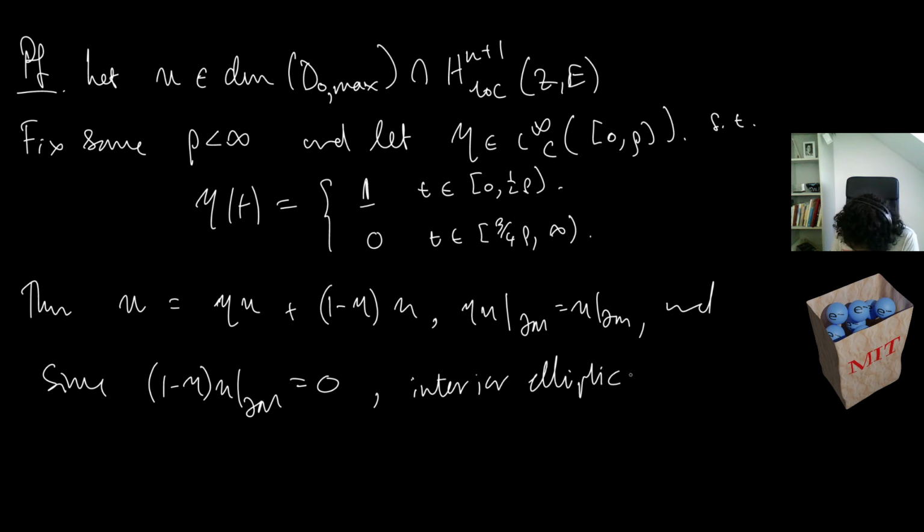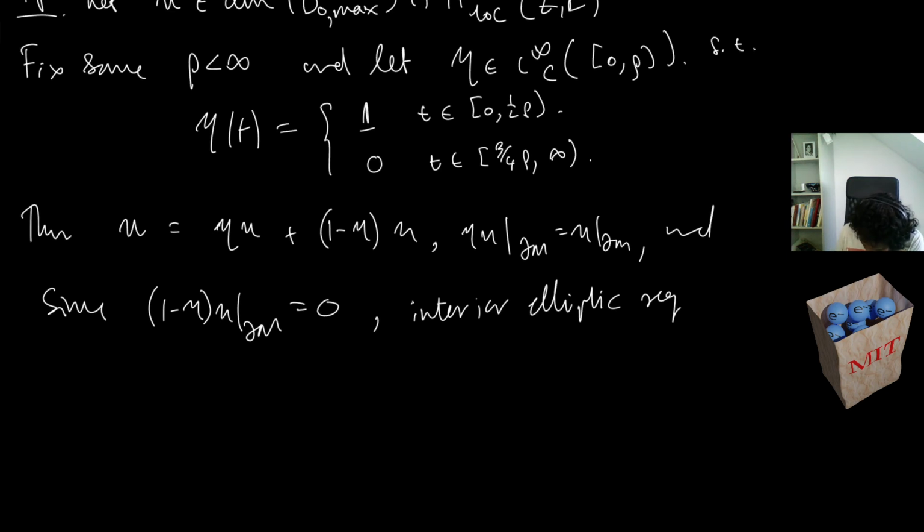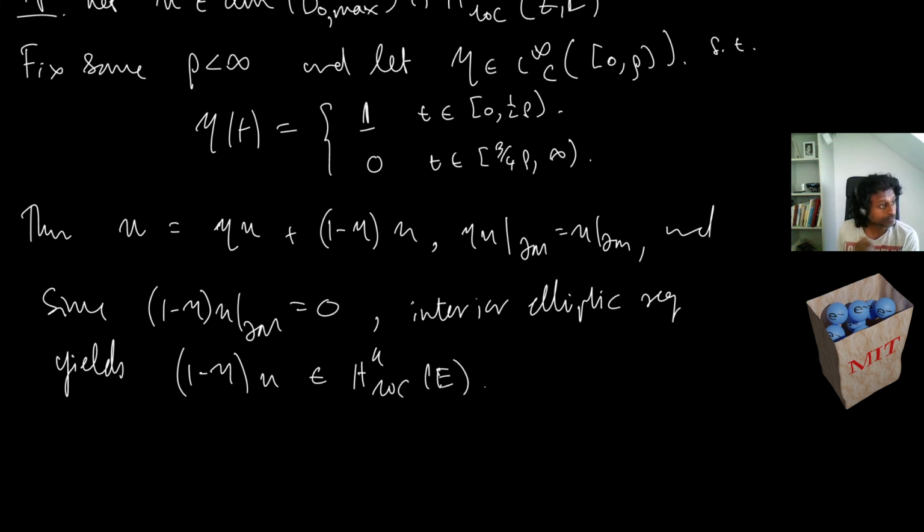Elliptic regularity yields (1 − η)u is in H^{k+1}_loc(E). Oh, sorry, D_0 of this is in H^k_loc(E).